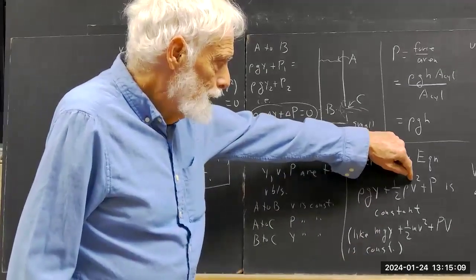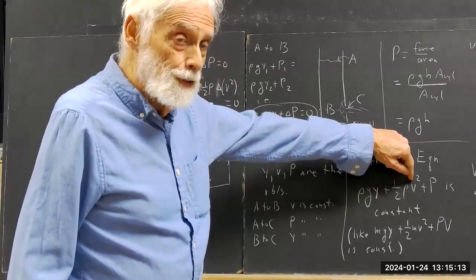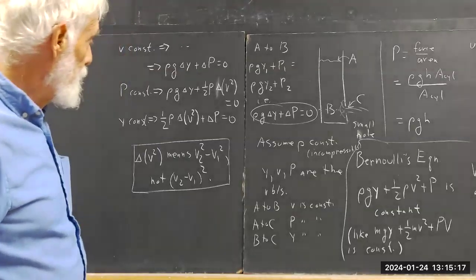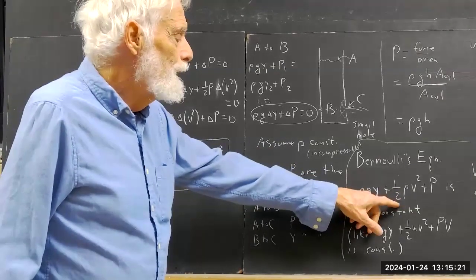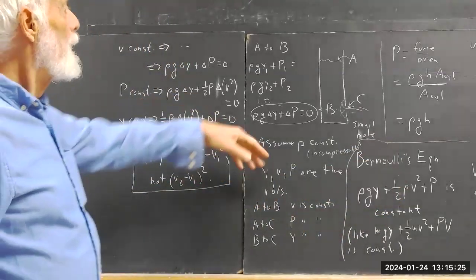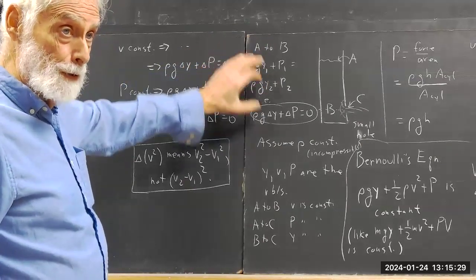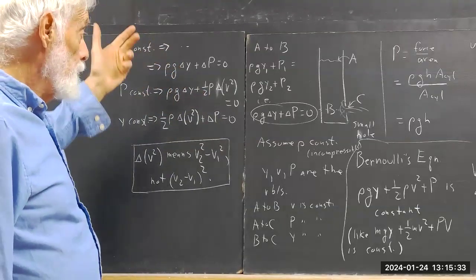And the 1/2 rho v squared changes, and it's v squared that changes, not v. There's always a tendency to write it wrongly. You do the intermediate step; you want to write this step out so you know what it means. And you're going to get a rho g delta y.